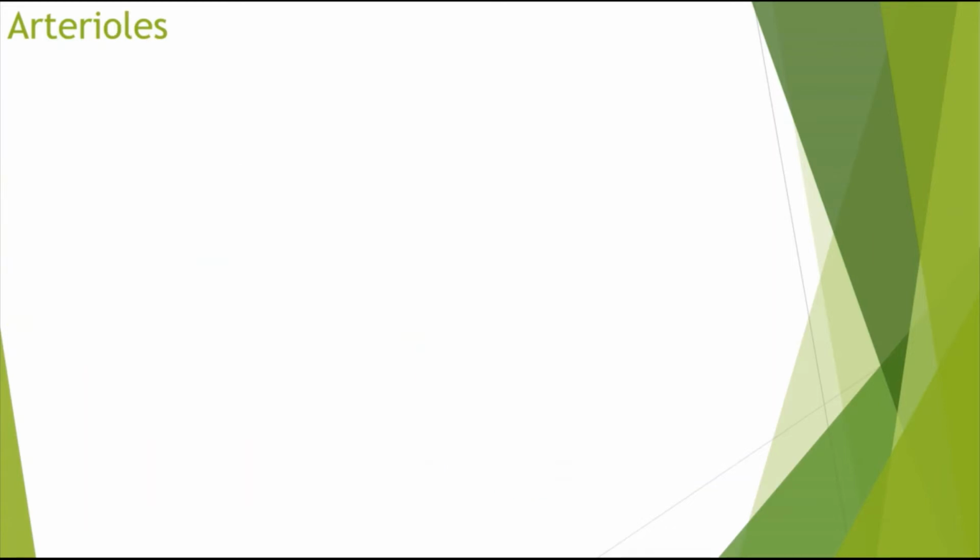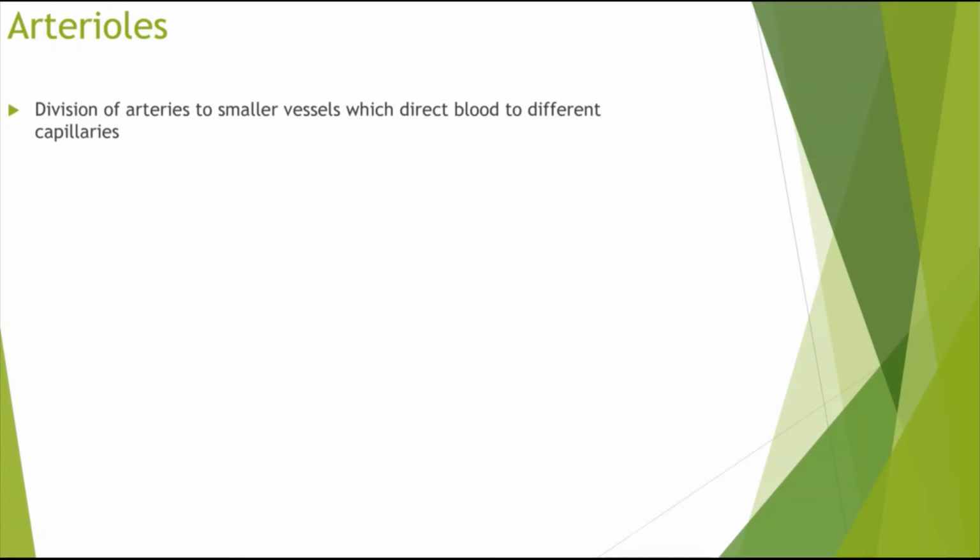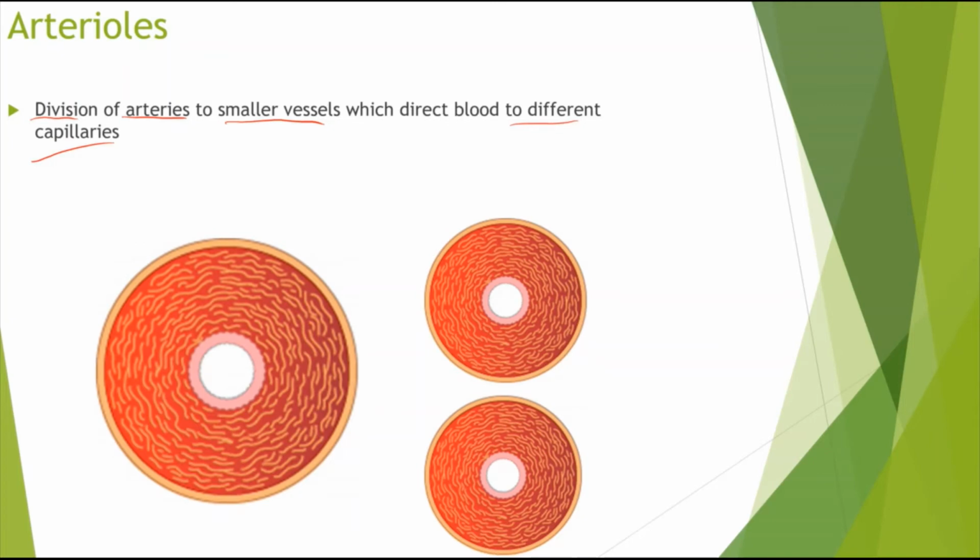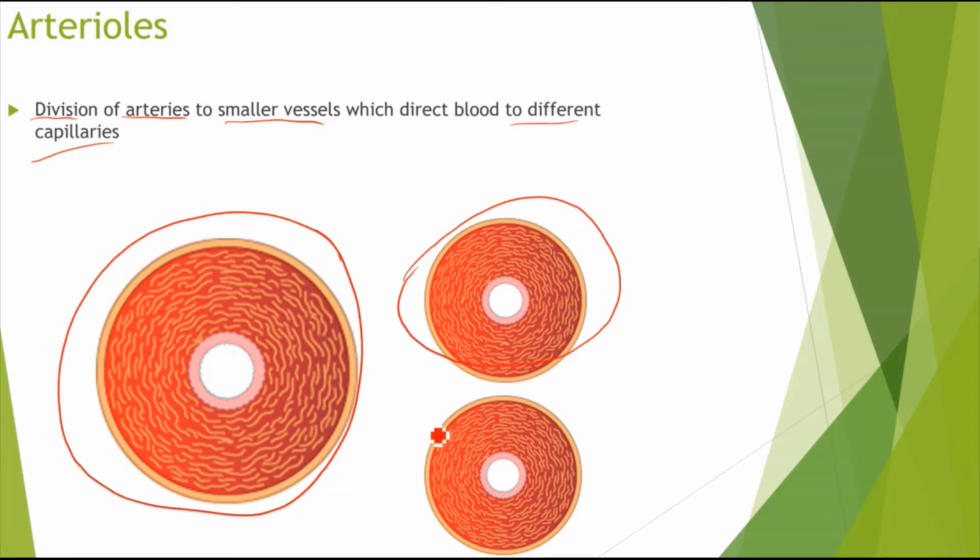Just looking at arterioles, the arteries basically branch into arterioles. This is a division of the arteries into smaller vessels which direct blood to different capillaries. For example, if this was an artery, the arterioles have the same kind of structure.